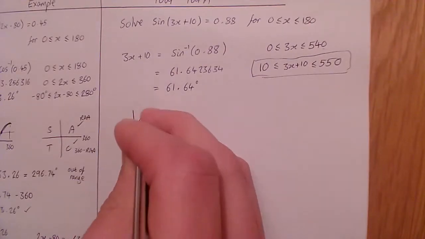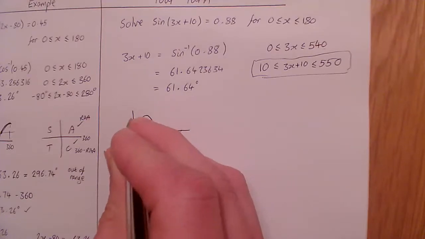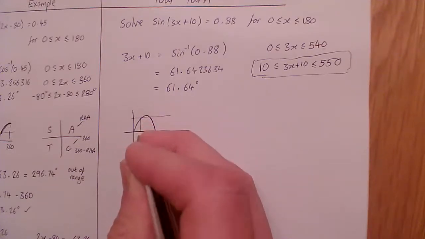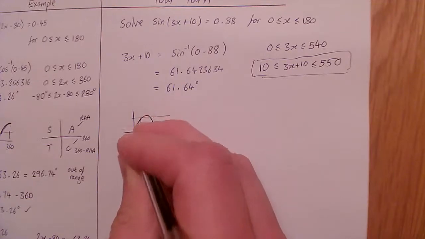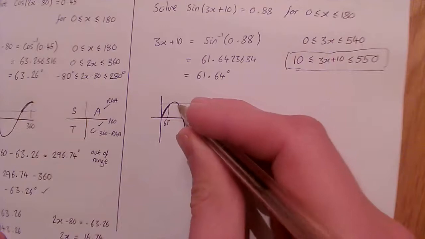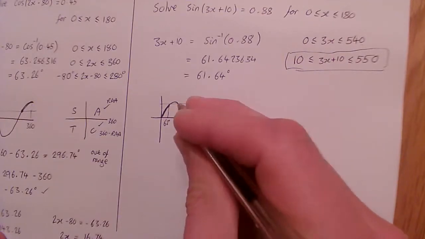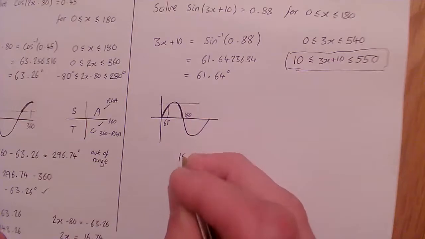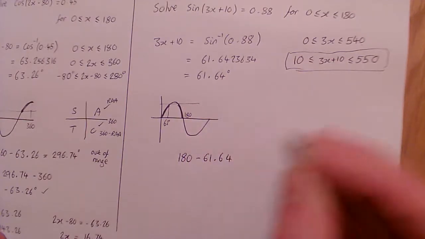Using our sine graph, we've got one angle happening here at 62-ish degrees. That's coming along that section of the graph. That section of the graph. So the other angle is coming back from 180 by the same distance. So we want 180, take away 61.64.